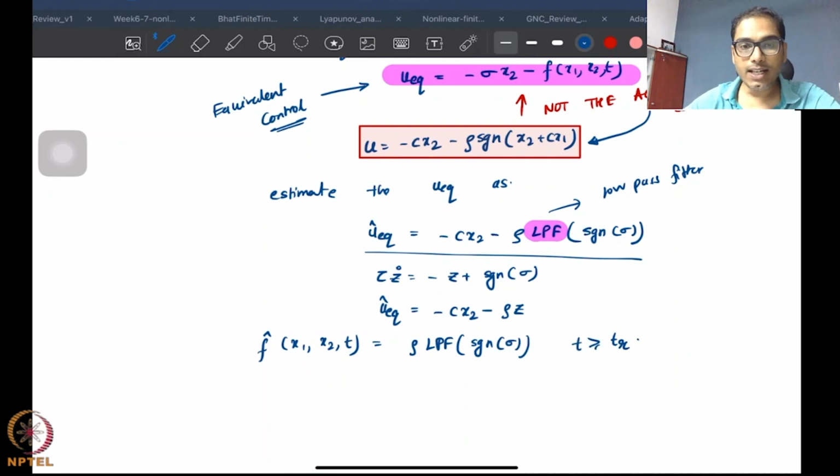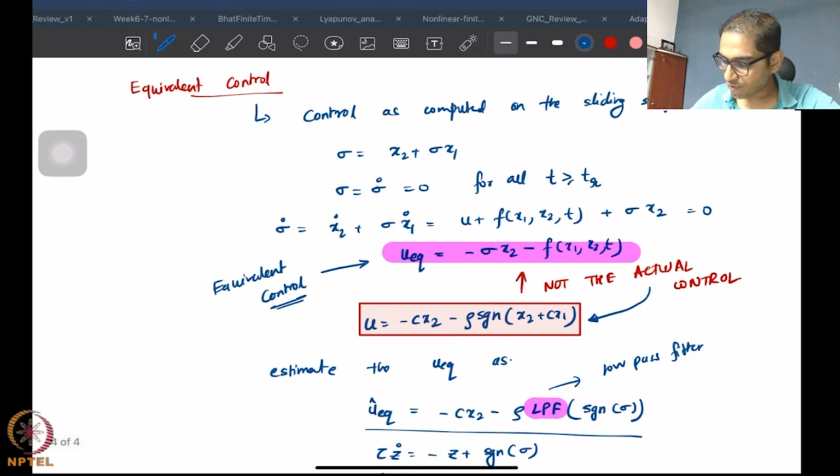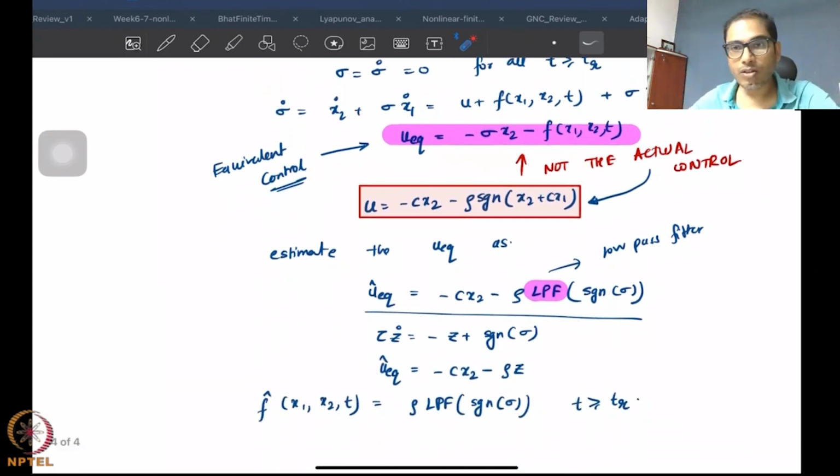And this becomes a very nice way of estimating not just disturbance but any derivative for that matter, right? Because where was the disturbance? The disturbance was actually in x2 dot. So even if there was no notion of control, you could in fact compute the derivative using this idea.